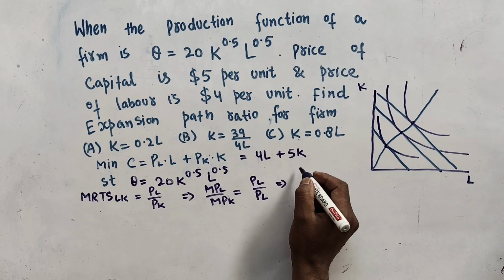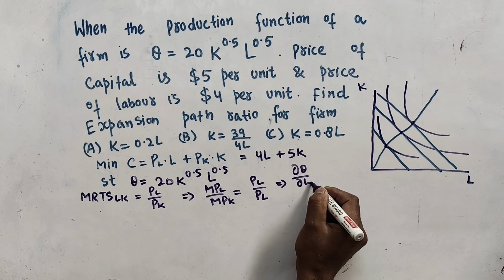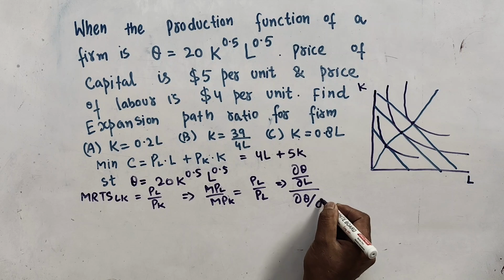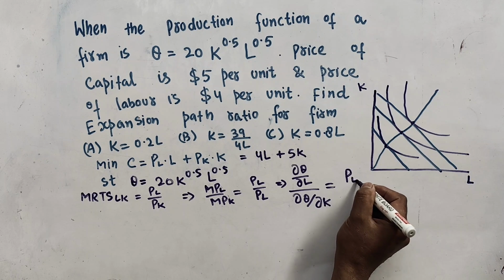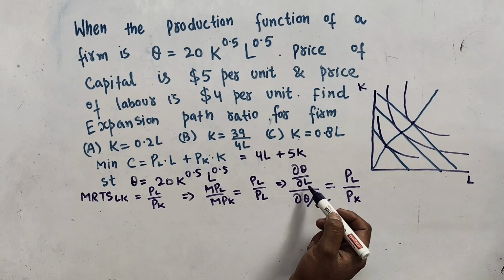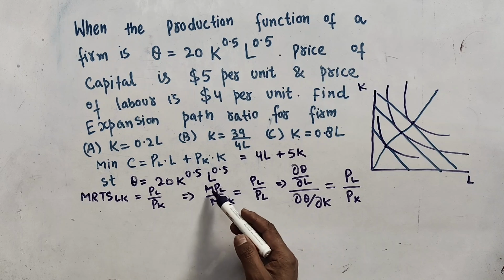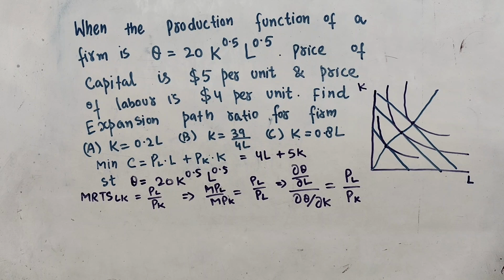Marginal product of labor is the change in output due to the change in units of labor employed, and marginal product of capital is the change in output due to the change in units of capital employed. It should be equal to the ratio of the input prices. So it is the partial derivative of the production function with respect to labor that gives us the marginal product of labor. Likewise for marginal product of capital.